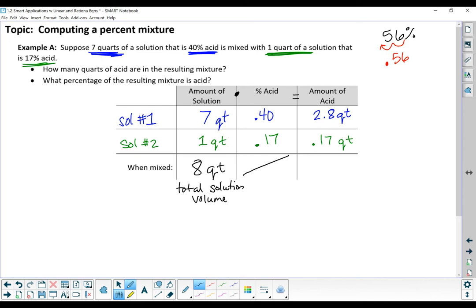A percentage tells you how much of that solution is acid. So you don't want to add that column together. You just want to add the first column and the last column because those are amounts, and we can add amounts together. So this last column, if we add it together, is 2.97 quarts of acid. This is just the total amount of acid in that new solution.